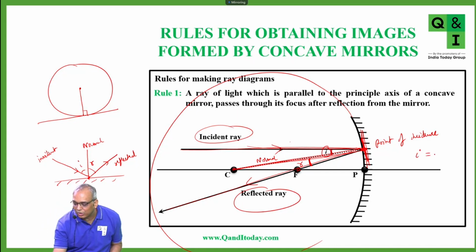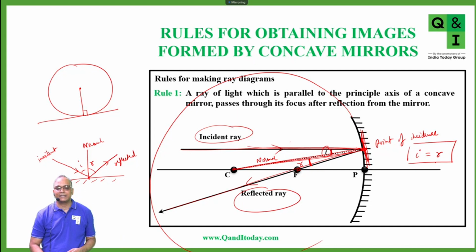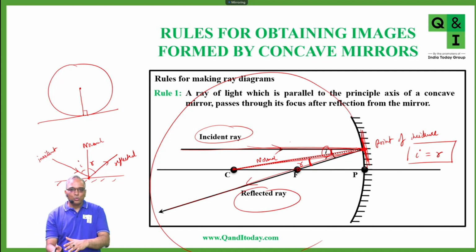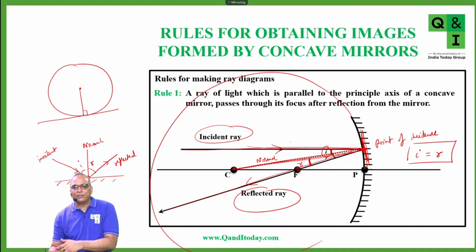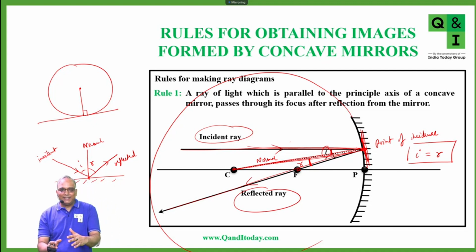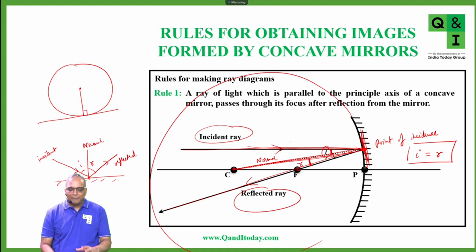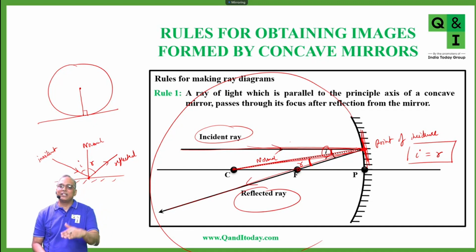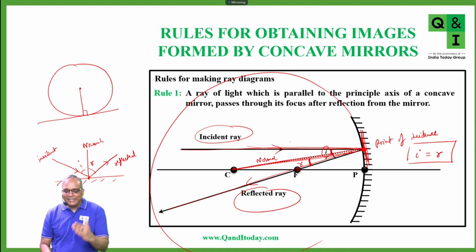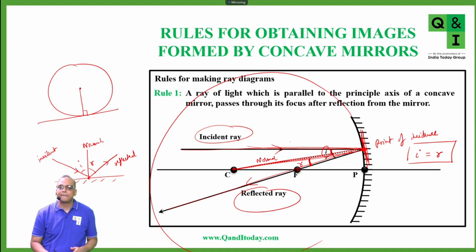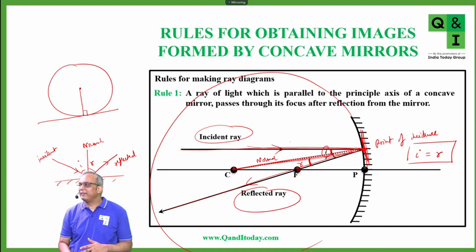And in this case also, angle of incidence will be equal to angle of reflection. Is it clear? So all these rules are based on the law of reflection only. I'll not explain in every rule, but in this rule I wanted to explain so that you understand that these rules come from the law of reflection only. The basis is the law of reflection. Is it clear, students? Everyone?